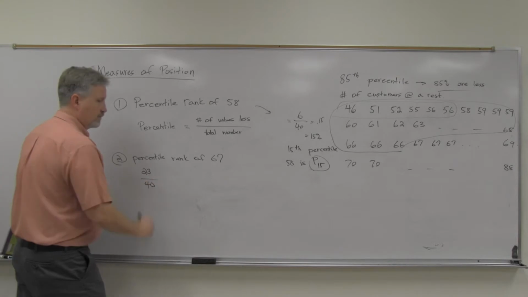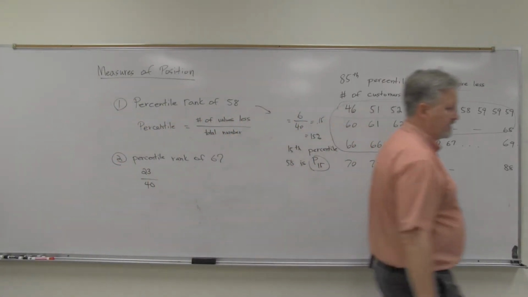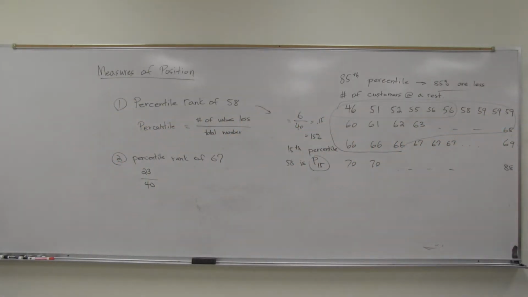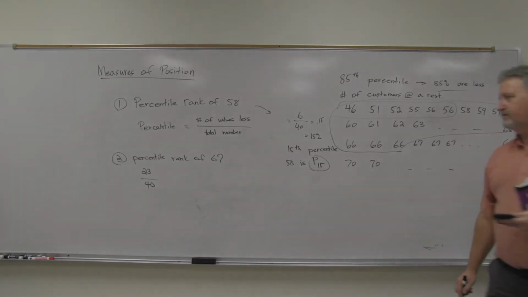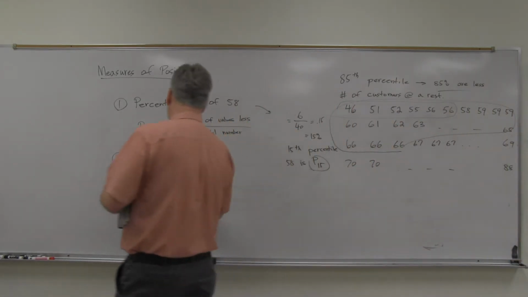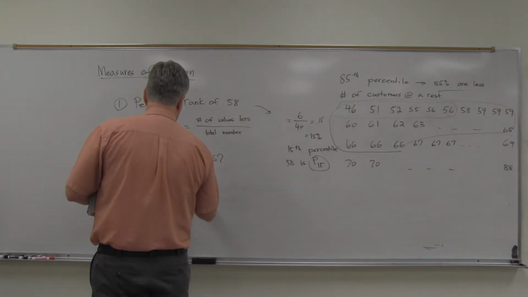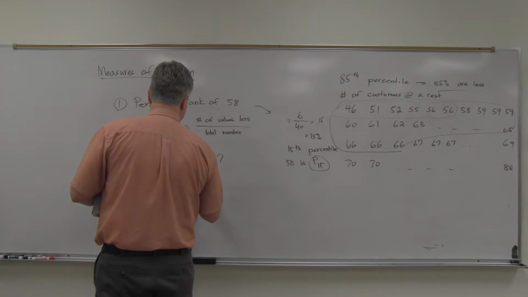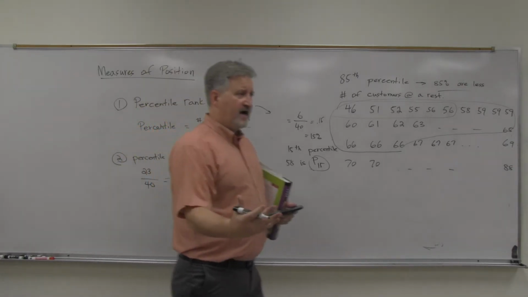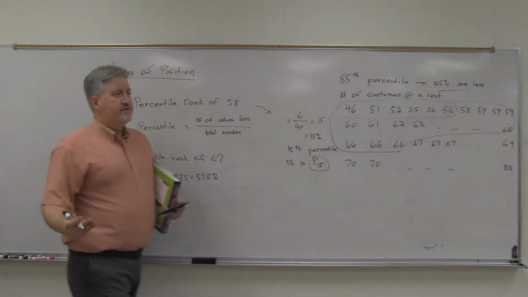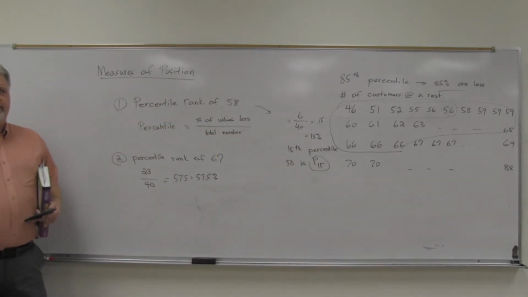Divide that by 40. Now here's the other thing that comes up. I don't think that's a nice little percent. 57.75, which is 57.5%, right? Well, percentiles, usually you just use whole number percentiles.